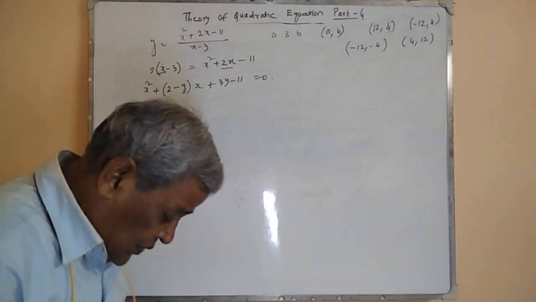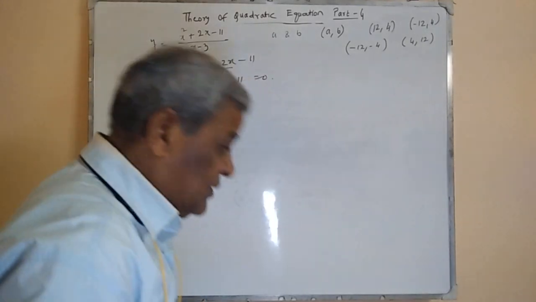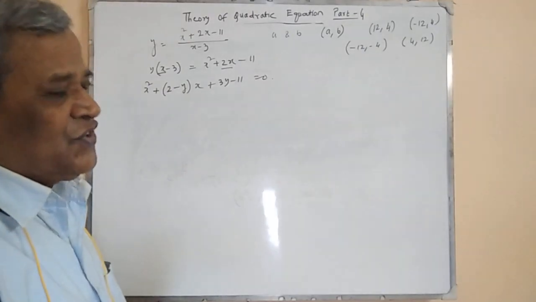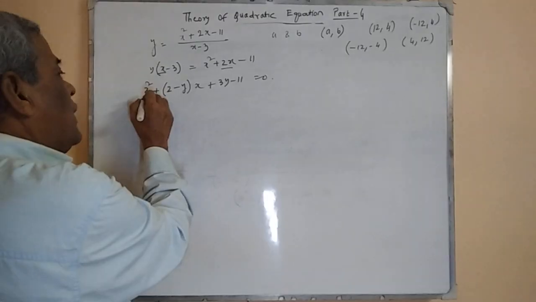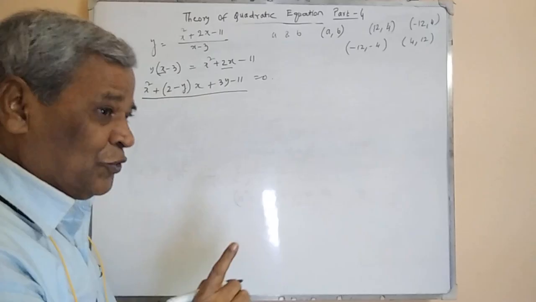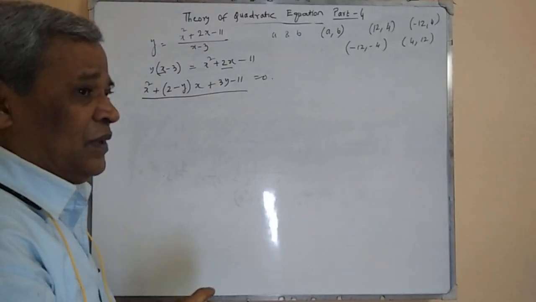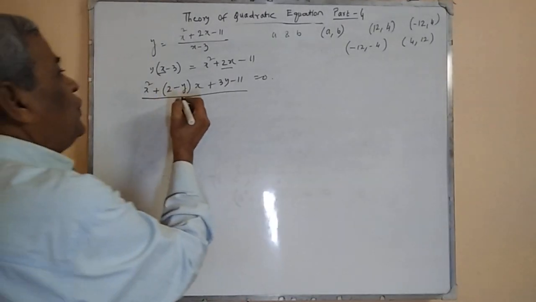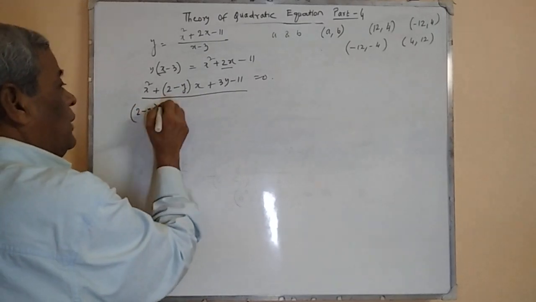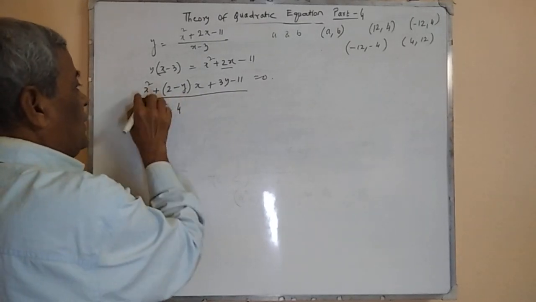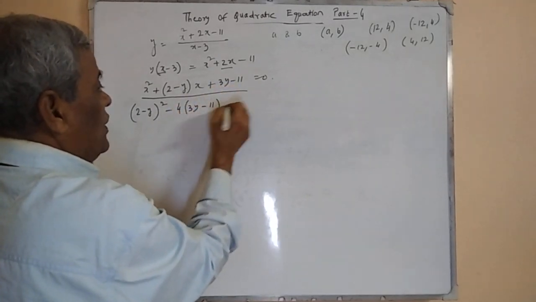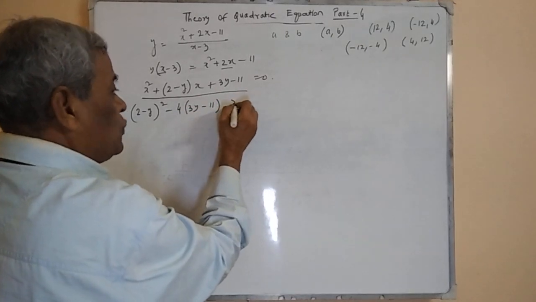Now, I can say that it is a quadratic in x, and given that x is real, the roots of that quadratic equation are real, therefore its discriminant must be positive or equal to 0. That is, we get 2 minus y whole square minus 4 into 1 into 3y minus 11 must be greater than or equal to 0.